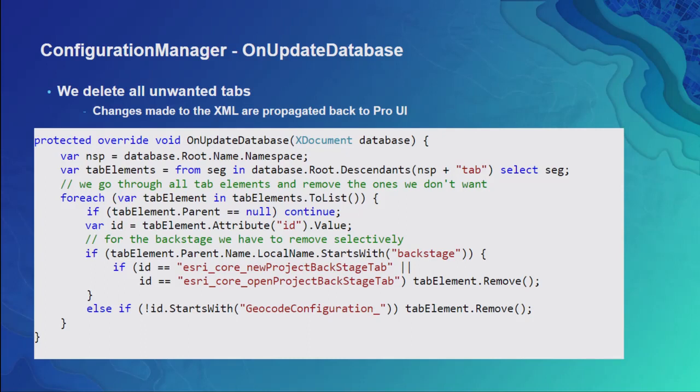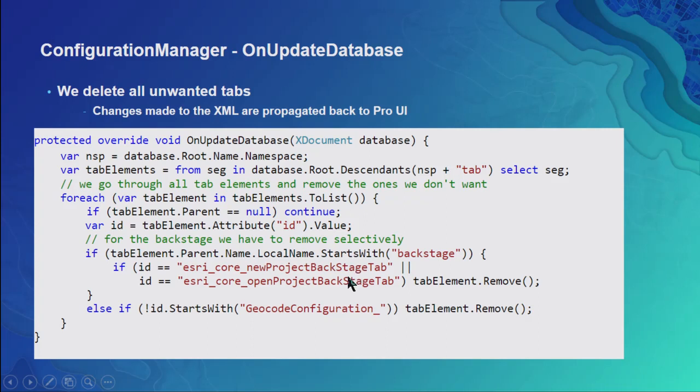You can see on the top of the method, we get all the tab elements that we are interested in. Then we actually loop through every single one of these tab elements. A few housekeeping calls here to make sure that nothing goes wrong. But specifically, we look for the backstage.